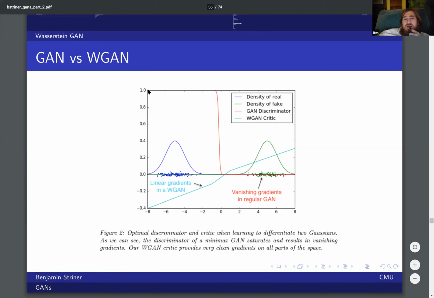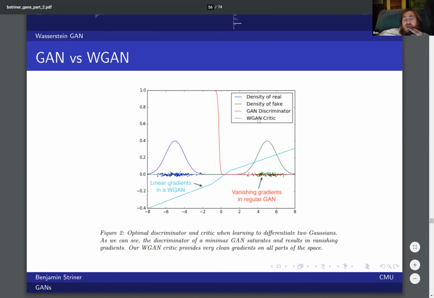And you see that line is very flat and then vertical and then flat. And yeah, you can optimize that, but it's hard to do. The harder this discriminator gets, the more vertical it gets and the more horizontal over here, the harder it is for you to learn which way to go.